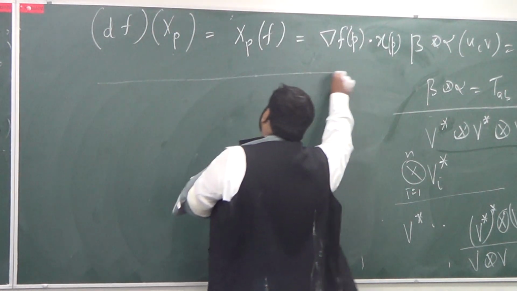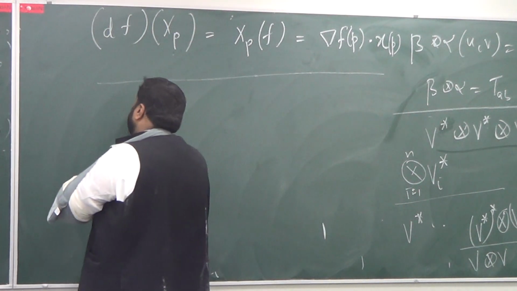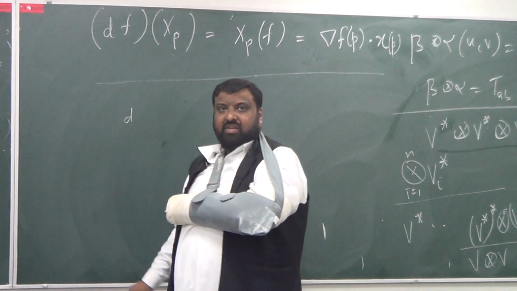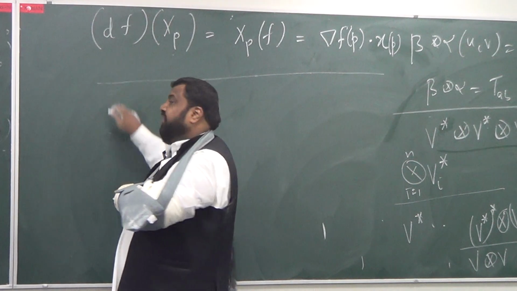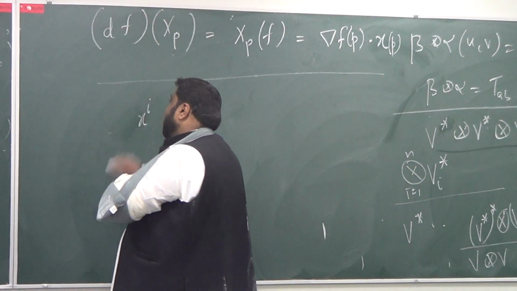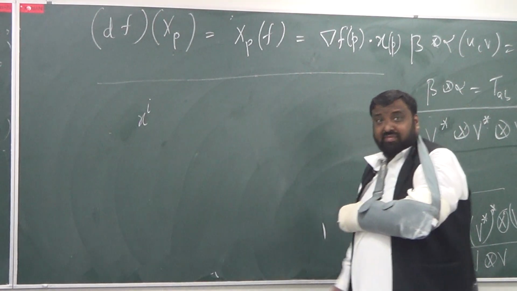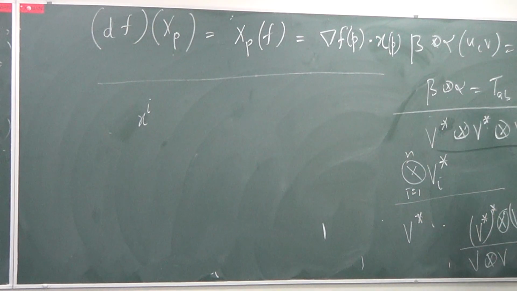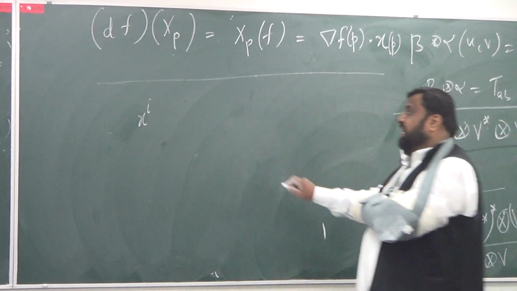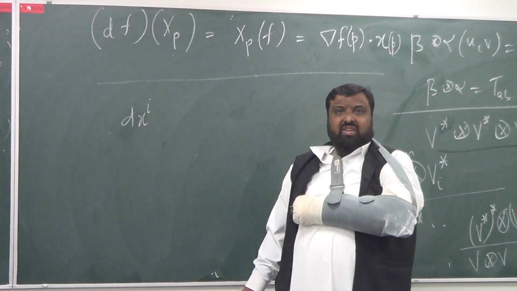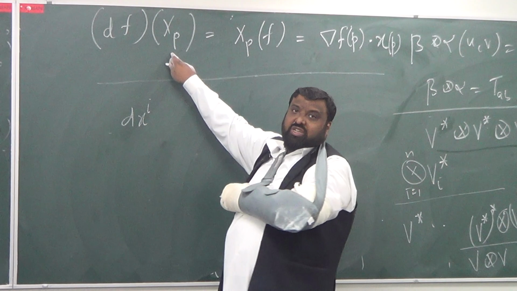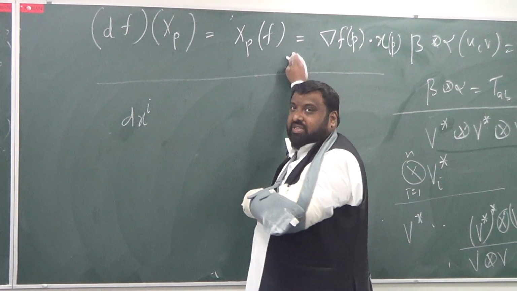Now here's the interesting thing. What if I take a particular scalar field, the coordinate maps, and consider the differential of it? This is also going to swallow tangent vectors and give you some numbers.